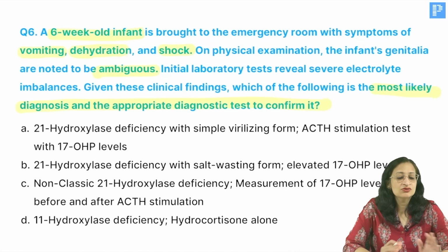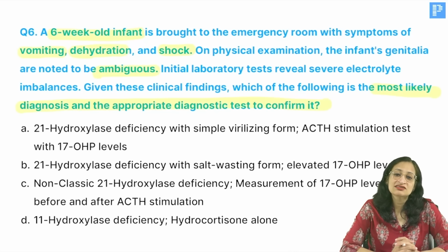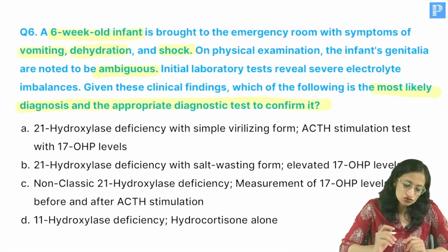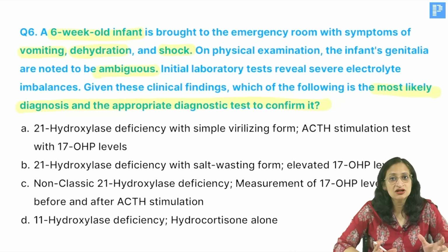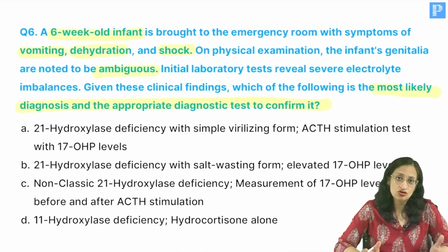So, of course, here we are dealing with CAH or congenital adrenal hyperplasia. CAH most commonly happens due to 21 hydroxylase deficiency. We know that, okay? This 21 hydroxylase deficiency has a simple virilizing form where mainly there is ambiguous genitalia and the features of salt wasting are not there.